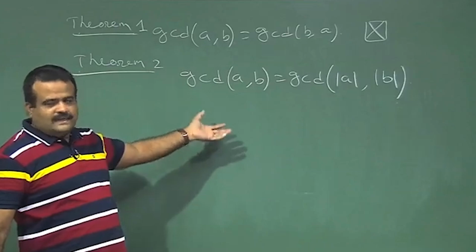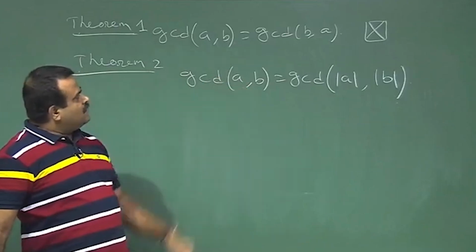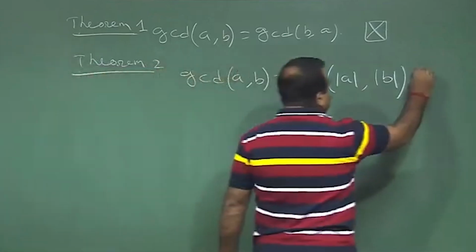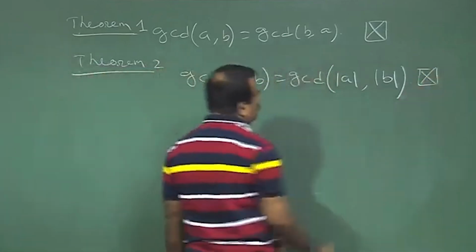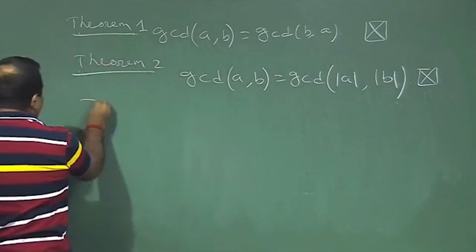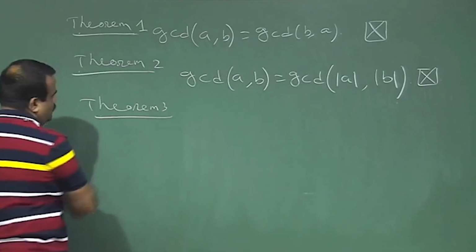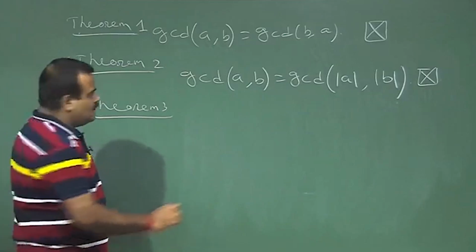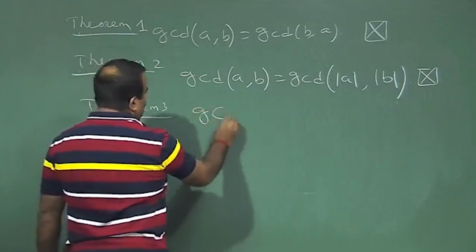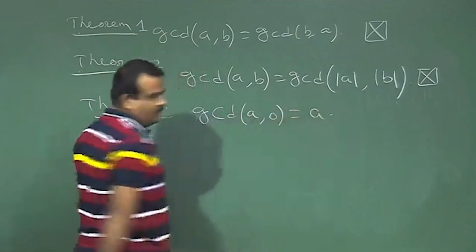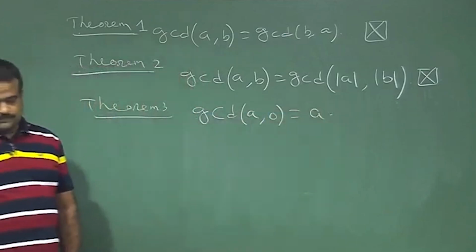If C divides A, then minus C also divides minus A. So, this is also quite straightforward, we are not going to prove this. Okay, now theorem number 3 is basically GCD of A, 0 is basically A.